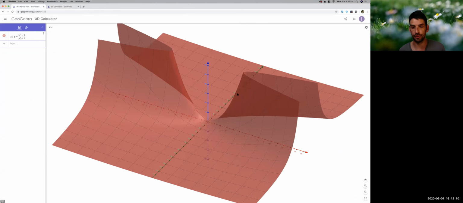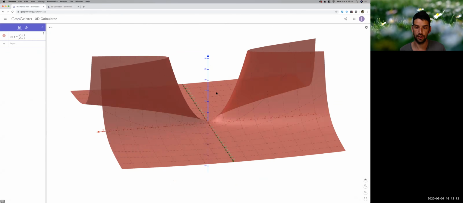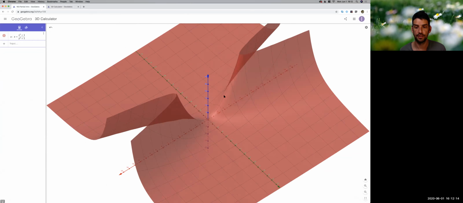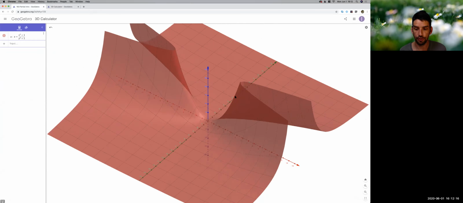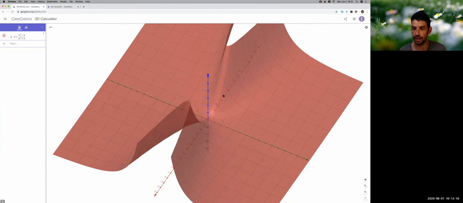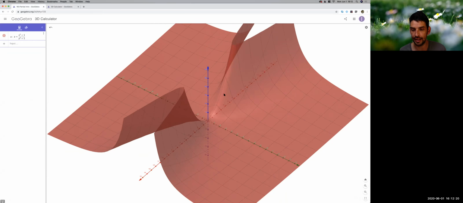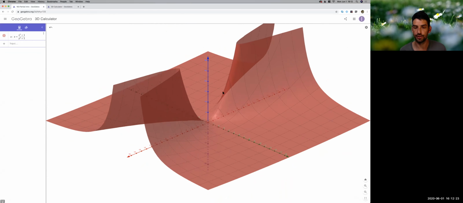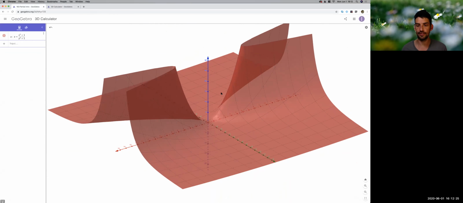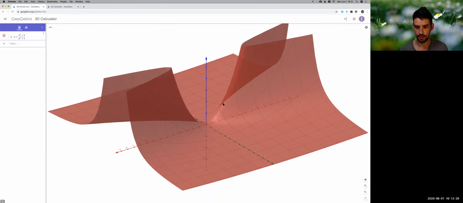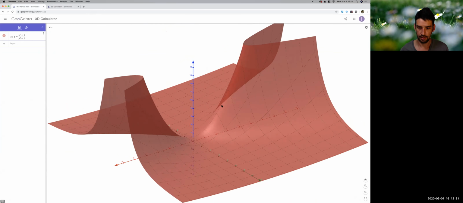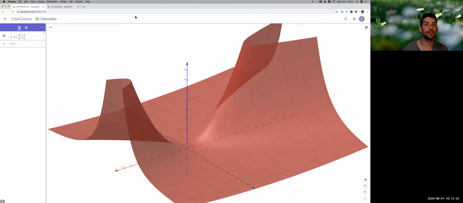Here's an interesting surface. We often call this a saddle point, right? So for instance, the red axis is the x-axis and the green axis is the y-axis. Let's imagine, I'll zoom in a little bit, that this is a surface that we're standing on.